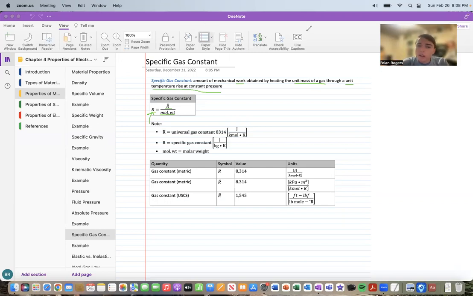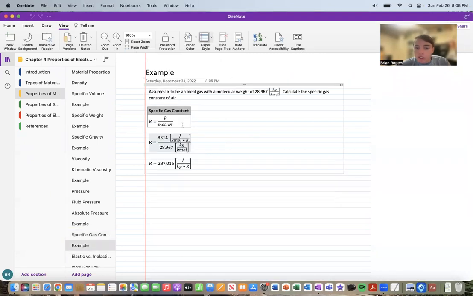That's what a specific gas constant refers to: how much energy is produced by heating one unit of mass by one unit temperature at a constant pressure. Notice that within our universal gas constant, this one's constant. That's what we're going to be working with a lot when we have to calculate our specific gas constant.